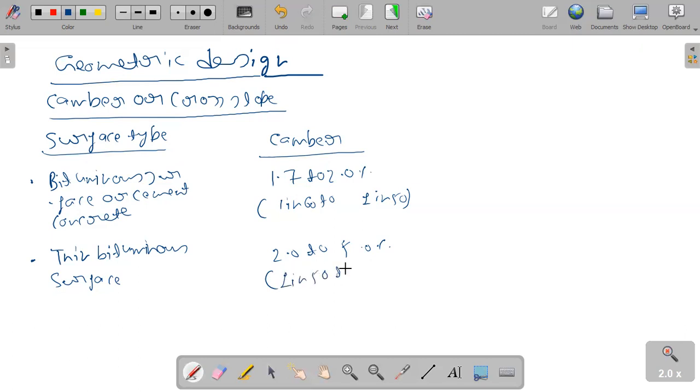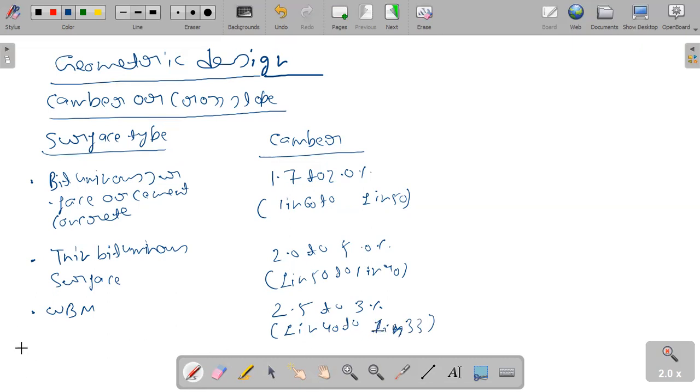Moving forward, if we have a water bound macadam surface, WBM surface, then you get a camber of 2.5 to 3%, and a slope of 1 in 42 to 1 in 33.